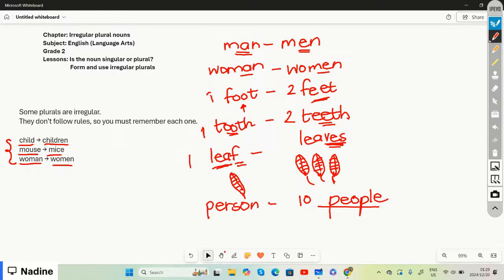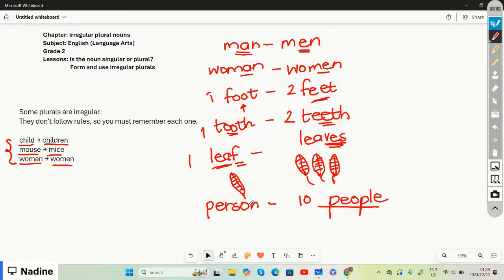If you look at the next word, let me look at a word that is not complicated. Another word that is not too hard. We already have mouse, we have child, we have children.